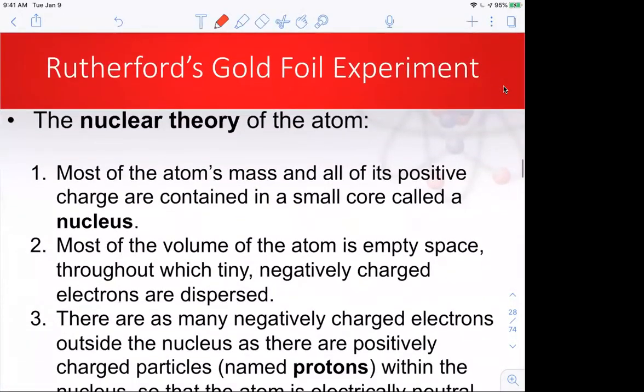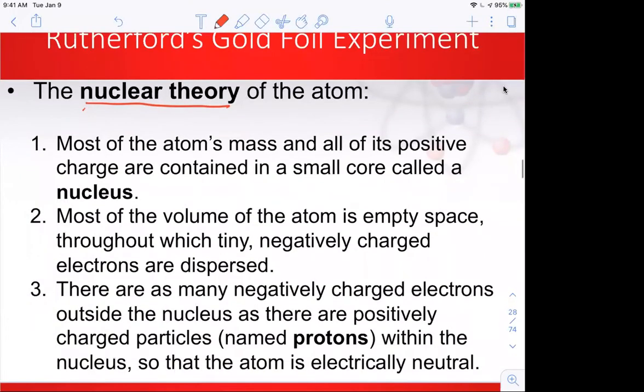So this brought forth the nuclear theory of the atom, which is that most of the atom's mass and all of its positive charge are contained in a small core called a nucleus.